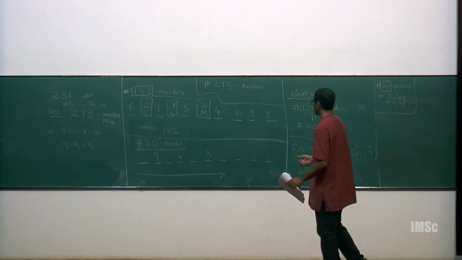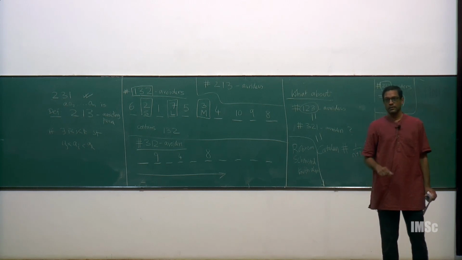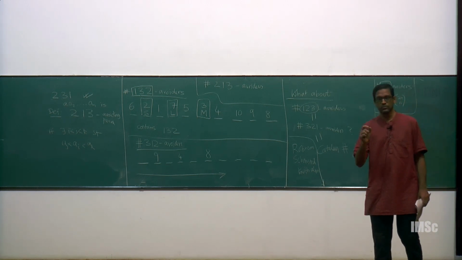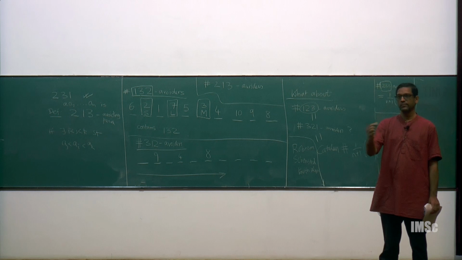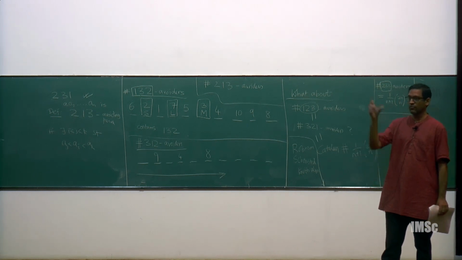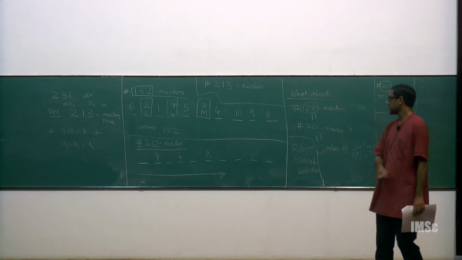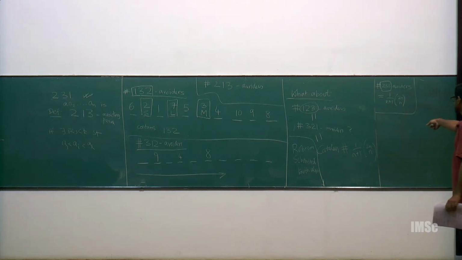Okay, the other final remark that I will make is the following. The total number of permutations is actually n factorial. Now, as soon as you want to avoid one permutation, say avoid 2, 3, 1, then the total number falls dramatically, right? Instead of 120, I got 42 in the case of n equals 5. In general, instead of n factorial, I've got the Catalan number when I ask it to avoid one permutation.